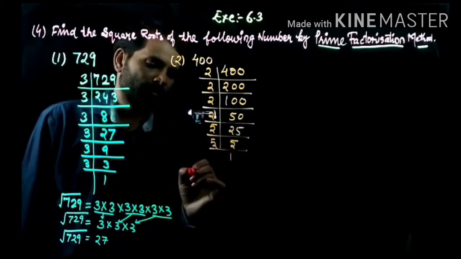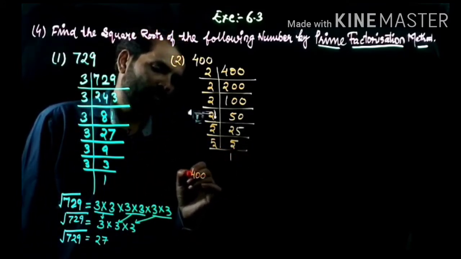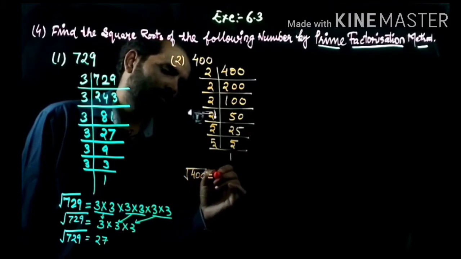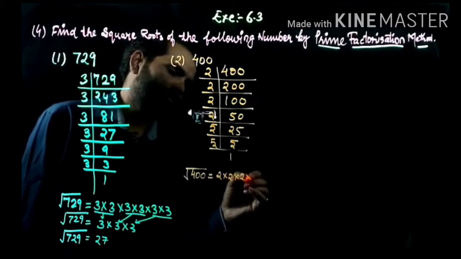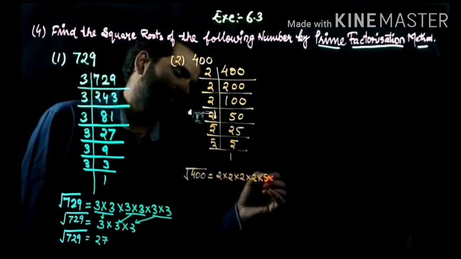Okay, and write the 400 under root. 400 will be written as 2 multiply 2 multiply 2 multiply 2 multiply 5 multiply 5.